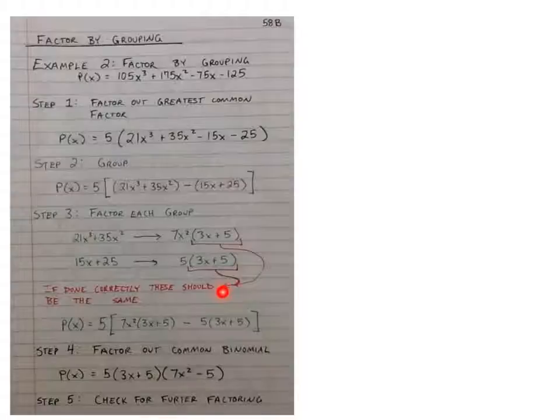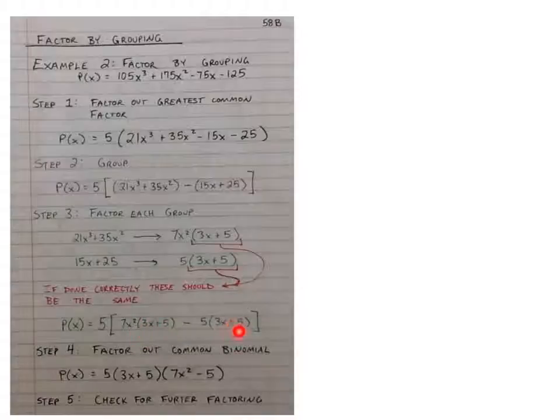So then we can write out our groups in the factored form. 21x to the third plus 35x squared became 7x squared times 3x plus 5, and then 15x plus 25 became 5 times 3x plus 5. And finally, once we have it written out like this, step 4 is to factor out the common binomial.